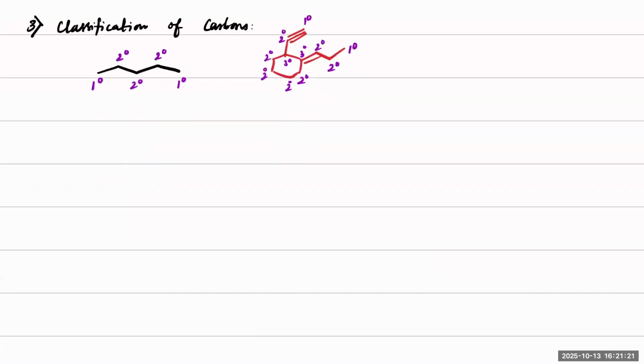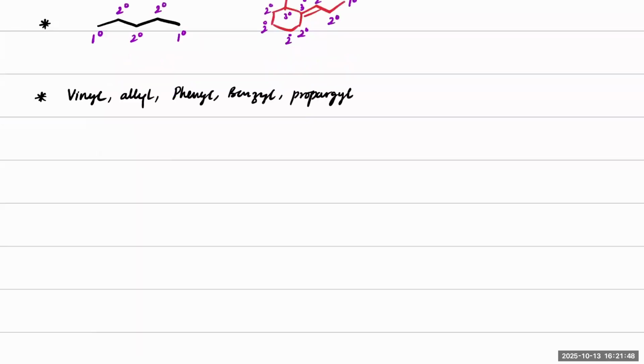The problem comes with the second classification, which is about using these terms: vinyl, allyl, phenyl, benzyl, and propargyl. What are these terms?